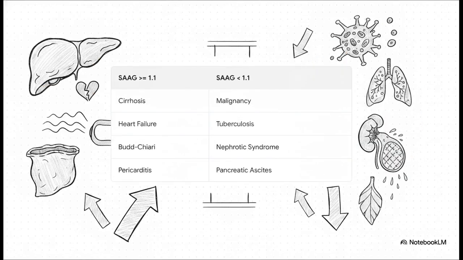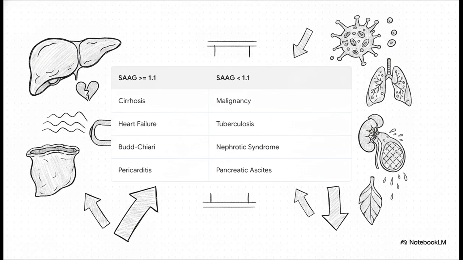Here is exactly how that number splits our differential. A SAAG of 1.1 or greater tells us that portal hypertension is driving the bus. That high portal pressure is forcing fluid across the membrane, but leaving the bulky albumin relatively behind, which creates a wide gradient. This points us straight toward conditions like cirrhosis, congestive heart failure, Budd-Chiari syndrome, or constrictive pericarditis.